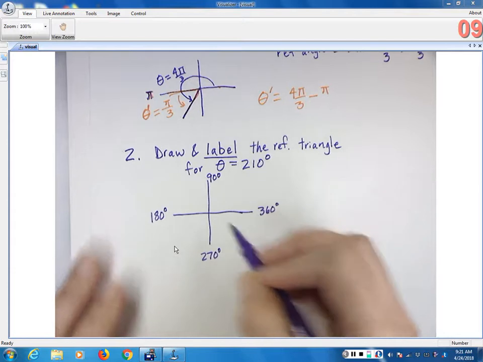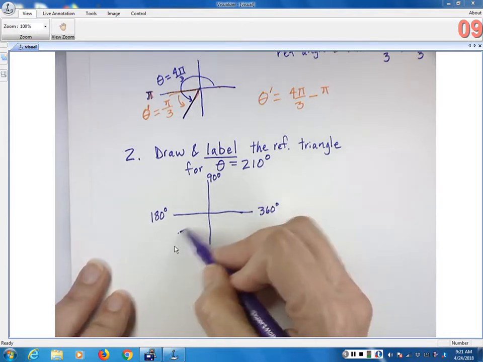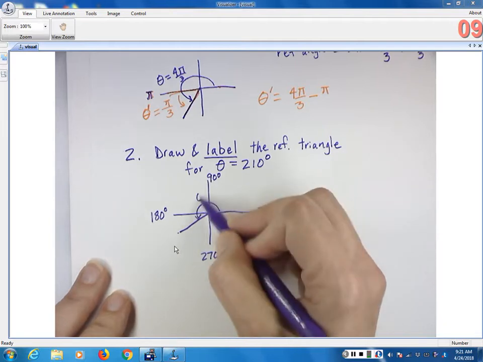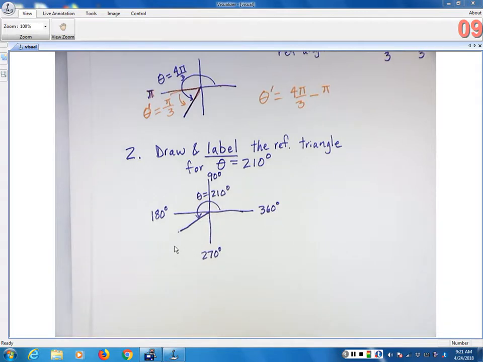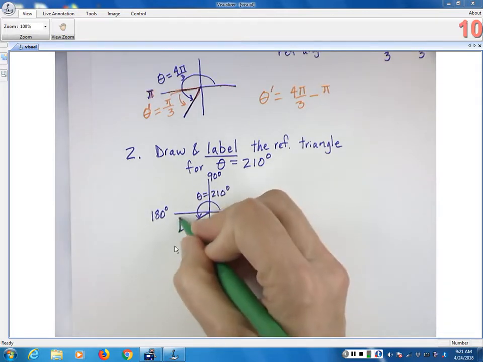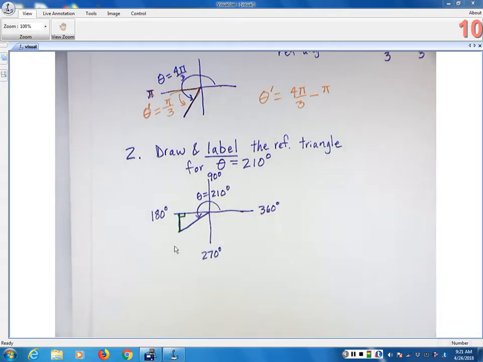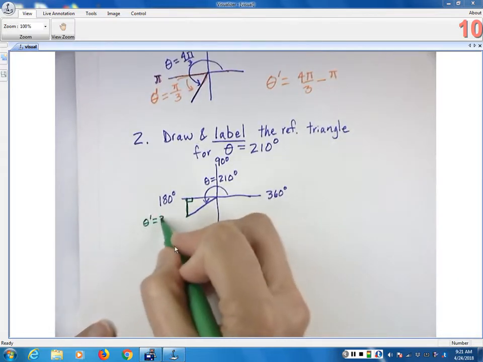So 210 is 30 degrees more than 180, so this is 210. The reference triangle is the triangle that you make right up here, perpendicular to the closest part of the x-axis. So the reference angle, theta prime, is 30 degrees here.